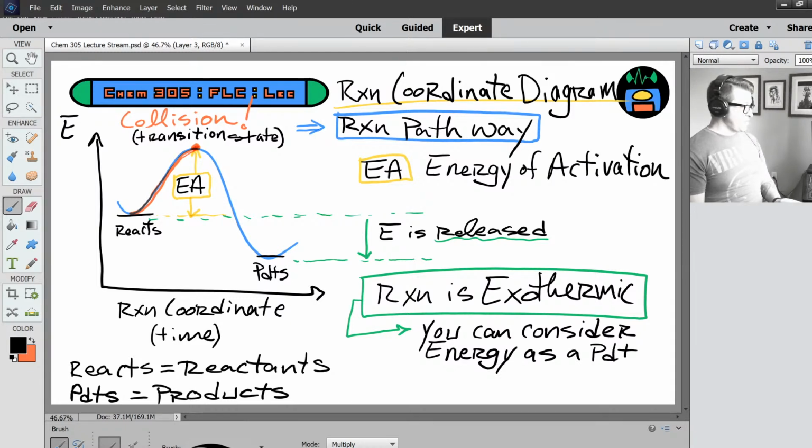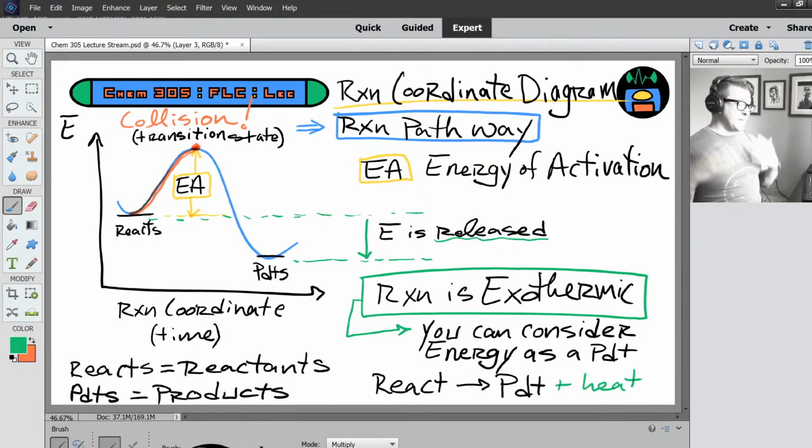All right. So for exothermic reactions, you have your reactants becoming products, but one of the products of our reaction is heat. Heat is released. So an example of an exothermic reaction would be combustion. You light something on fire and it's hot. You're releasing energy into your surroundings. So it's exothermic.